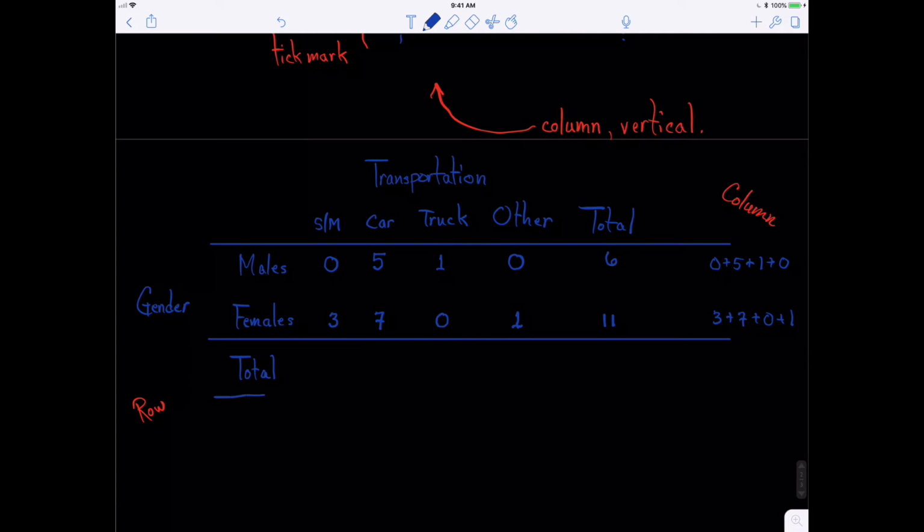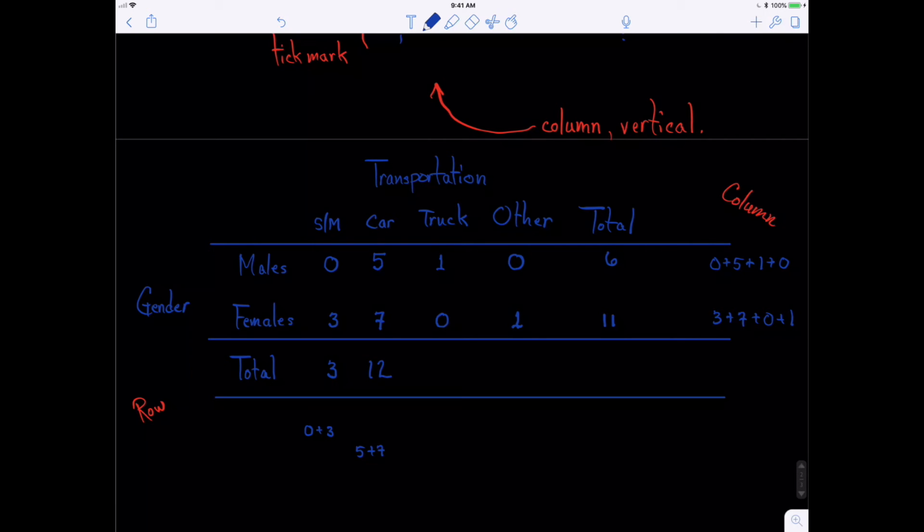Now, let's do the same with the columns. And I'm going to bring this line over as well. For my first column, I'm going to add up the 0 plus the 3, and that tells me that I have 3 people that drove SUVs or minivans. My next column is the 5 plus the 7, well that's 12.